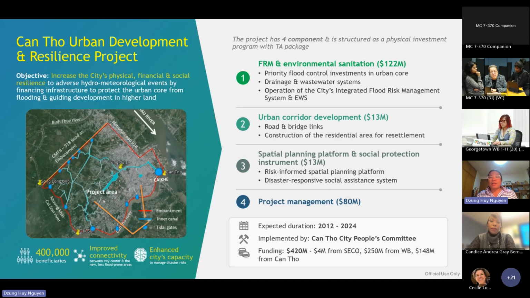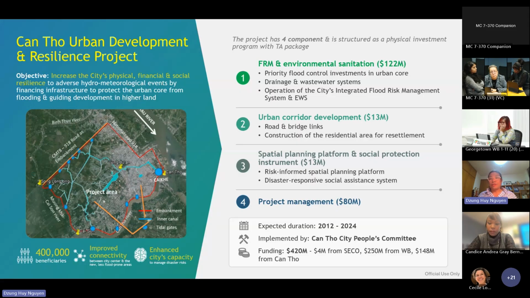The project includes four components, but the intervention is really in three components. The first is on flood risk and environmental sanitation. The second is on connectivity, helping to improve connectivity from the core city to the underdeveloped areas, which are now developing very fast.